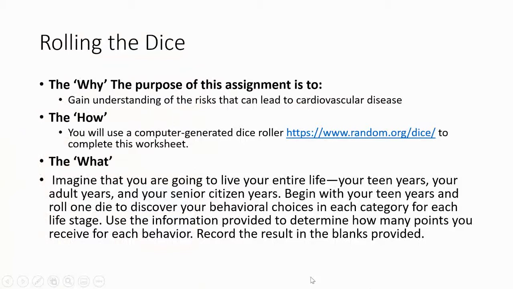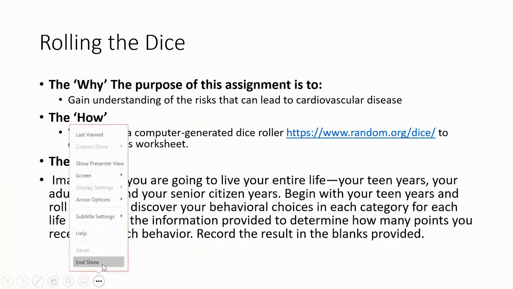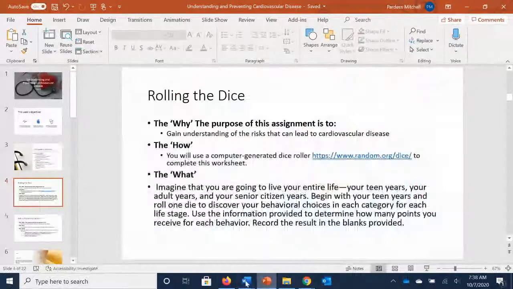The rolling the dice assignment is really there to help you get a better understanding of the different risk factors associated with cardiovascular disease. Because I realize you may not have dice to work with, I have provided a link which brings you to a random dice generator.